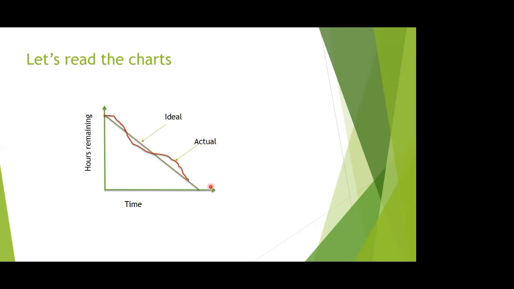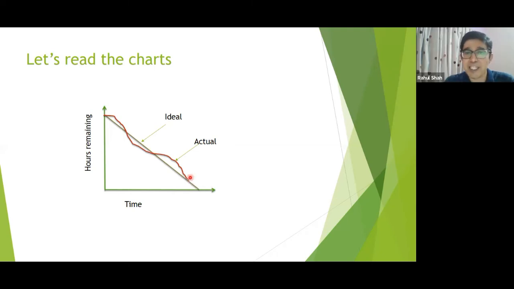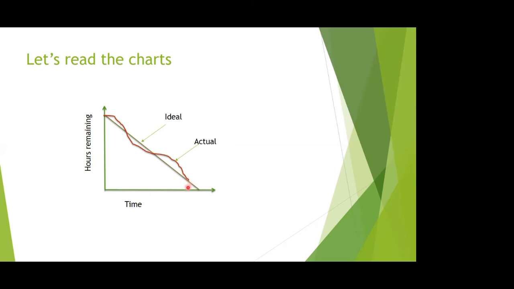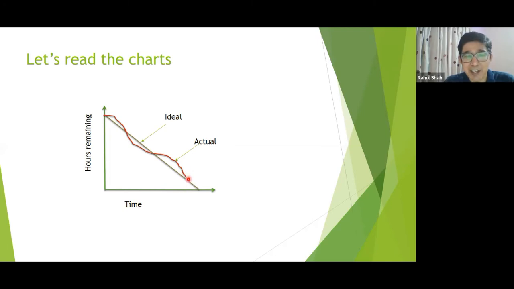You never know. Yes, that's always the case. But was there a particular reason that you have not included the red line further? I was just wondering why the red line only goes till a particular point. Yeah, so we are here right now. We are on the second last day of the sprint.